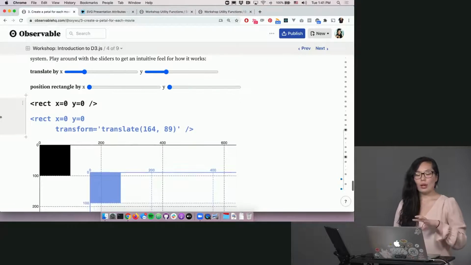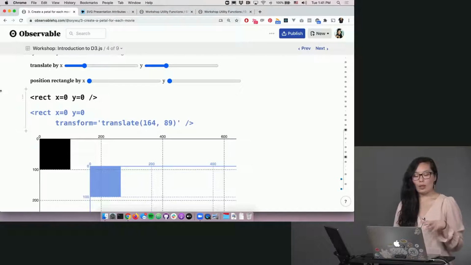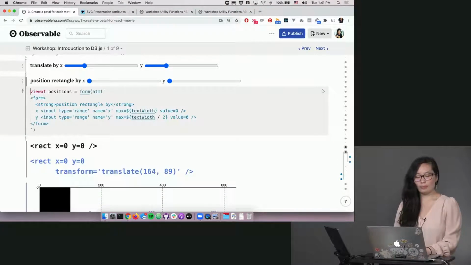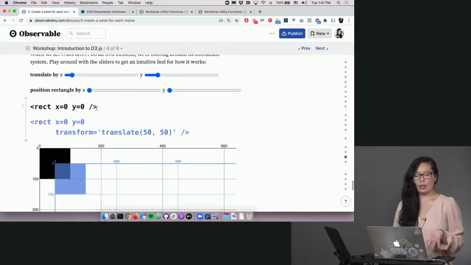So let's try seeing what that looks like. Let's play around with these sliders and try to get an intuitive feel of what that means.